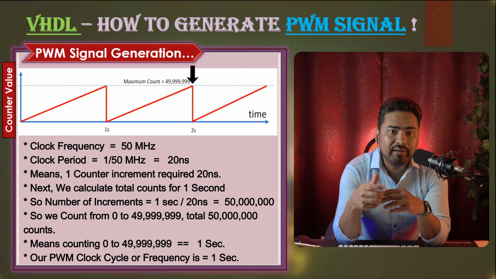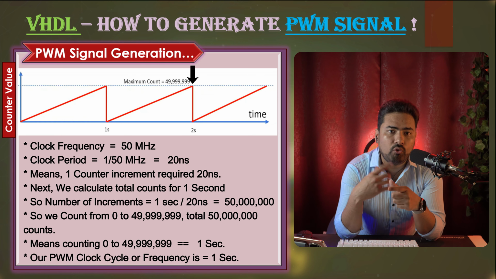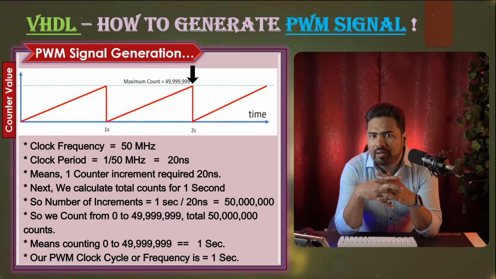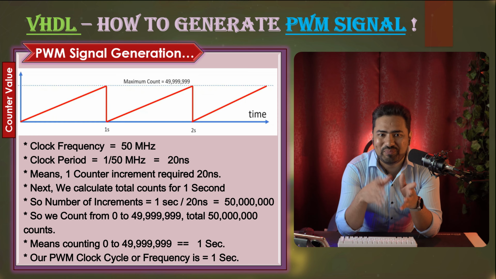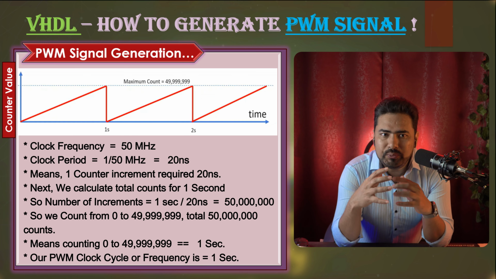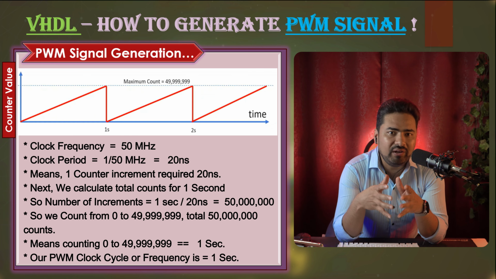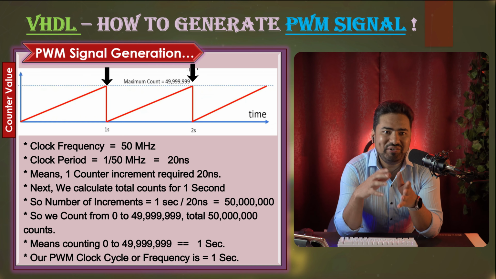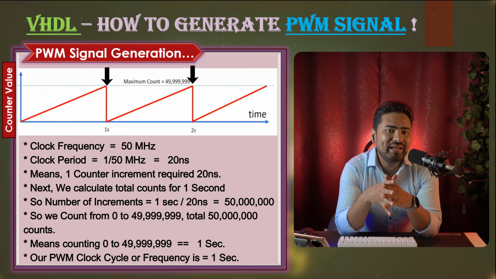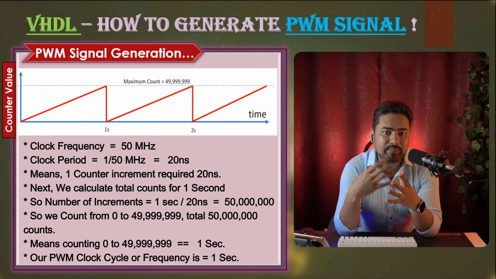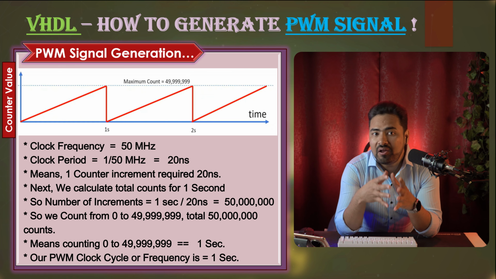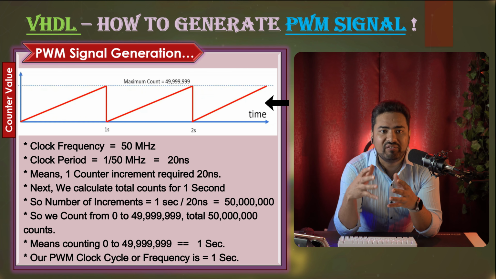And at this point, it will again complete counting of 49,999, means we get another 1 second. So this counter runs continuously in this cycle, from 0 to 49,999. So each time it completes counting from 0 to 49,999, we get exactly 1 second. And because this process is repeating over and over again, we have this periodic waveform.